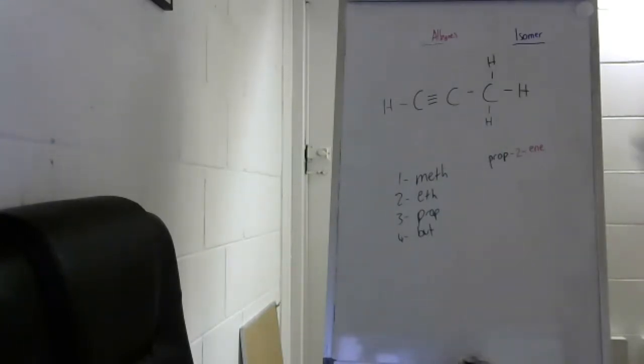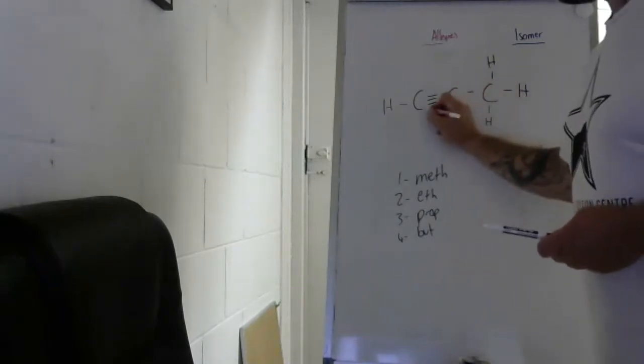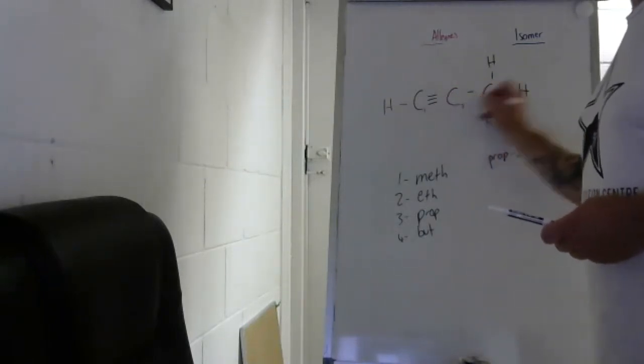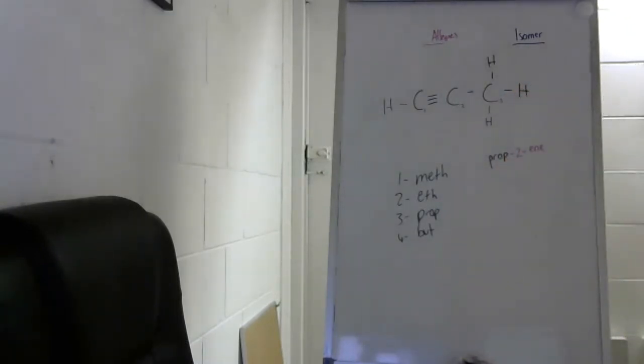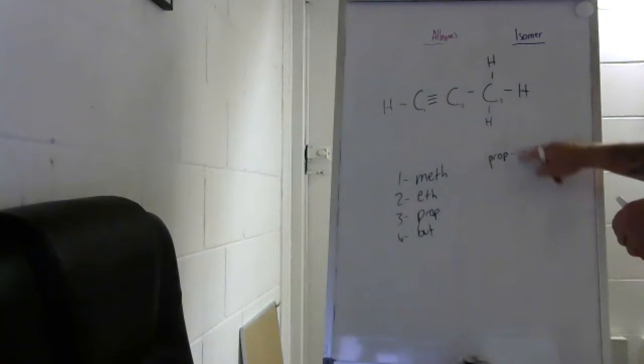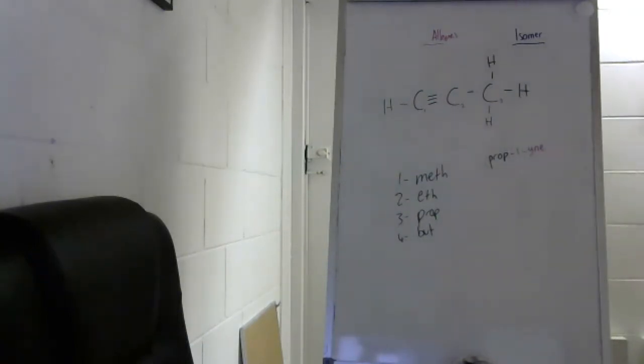We count the carbon atoms, labeling the carbon in which the functional group comes off as number 1. And we're following the octet rule, I hope, with our hydrogens. This is just prop-2-yne, or prop-1-yne, because the position of the functional group is very, very important.